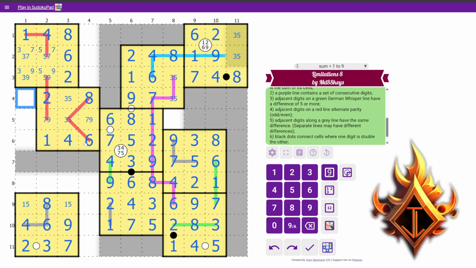I forgot the rule that the red lines can't have a repeated digit on it. I'm glad that didn't bite me, but it seems to be okay. So 5 has to be on one of these. So 5 can't be here.